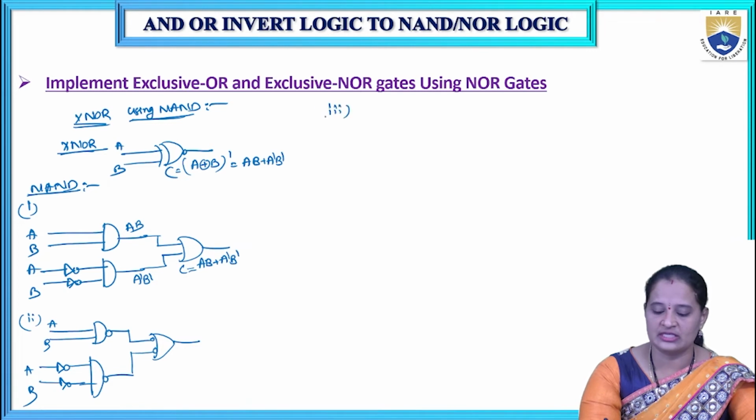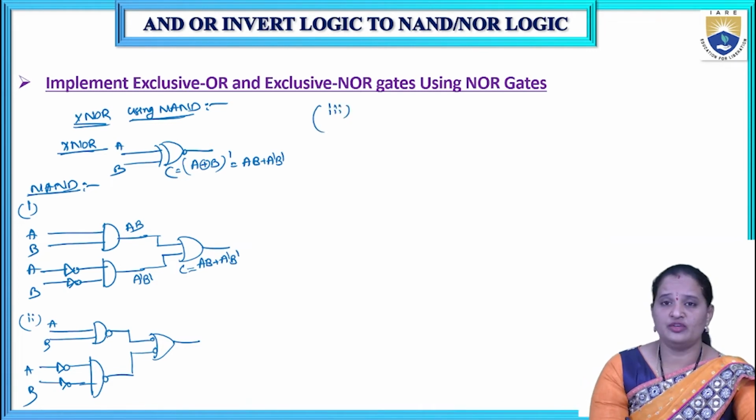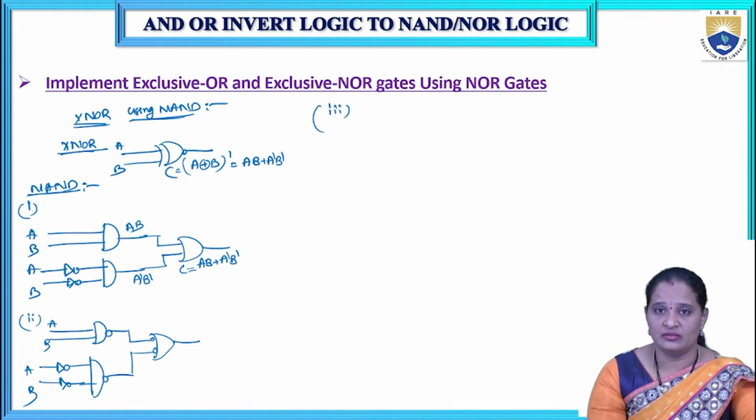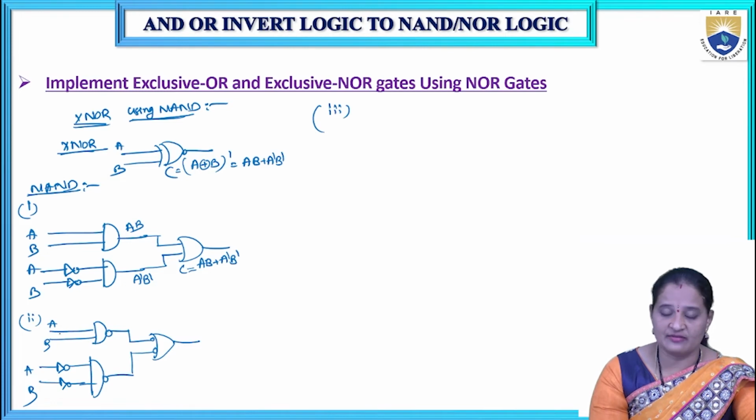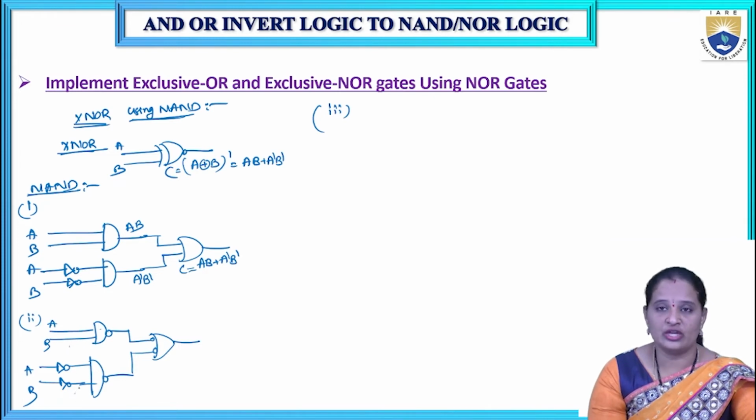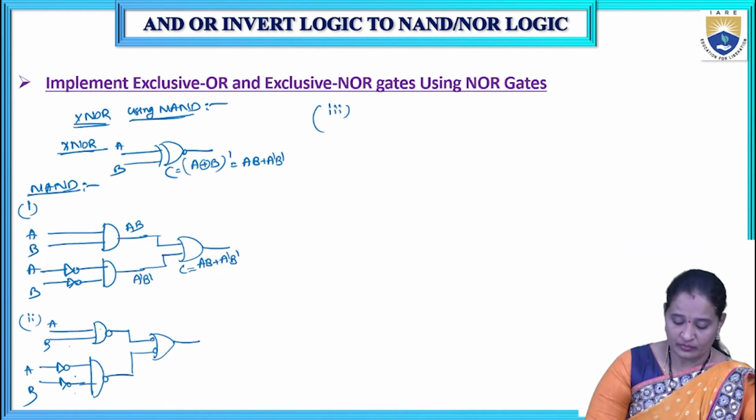Now coming to the third step, what we need to do is place an inverter on the line that has received a bubble. So has this line received a bubble? No. That is why there is no need to place any inverter on the first two lines, whereas these two lines also did not receive any bubble, so no need to place any inverter. Right?